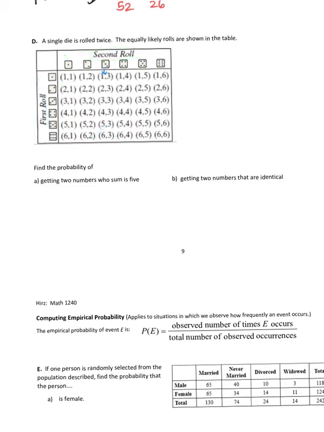So let's take a peek at the probability of getting 2 numbers whose sum is 5. I need to look at that chart, and I need to find where all the rolls add up to 5. So 1, 1, no, that adds up to 2. 1, 2, that adds up to 3.